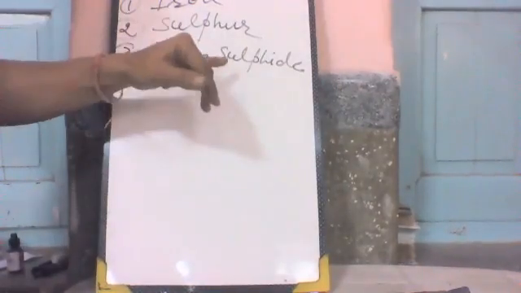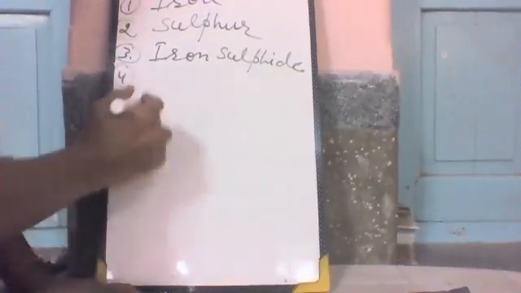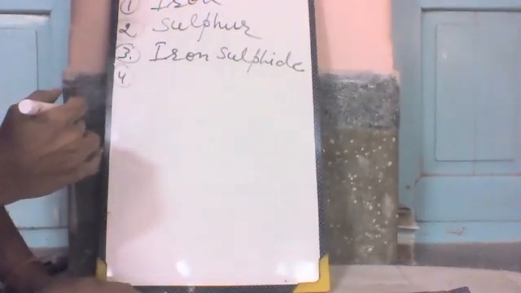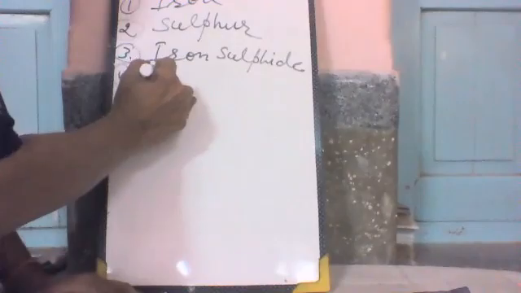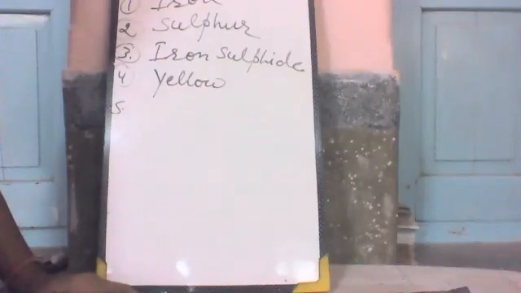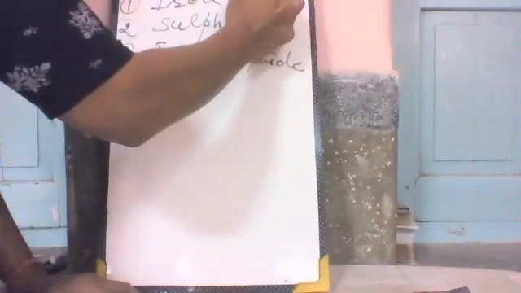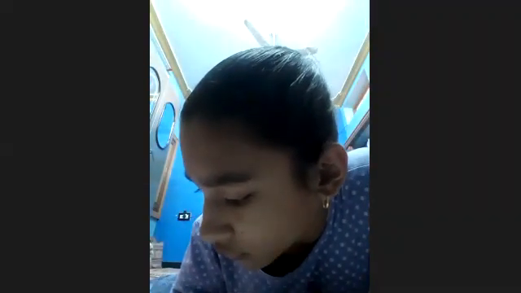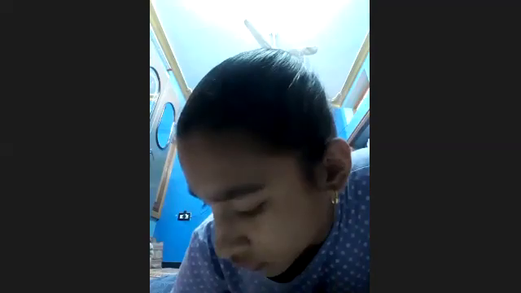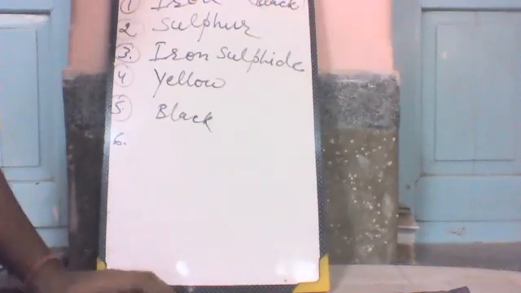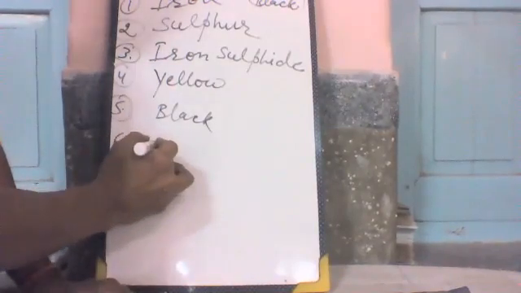Iron sulfide. It is iron sulfide. Color of sulfur. What was the color of sulfur? Yellow. Then color of compound formed. The color of FeS is black. The last one is, does the new compound get attracted by magnet? No.